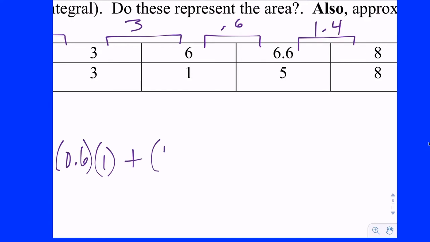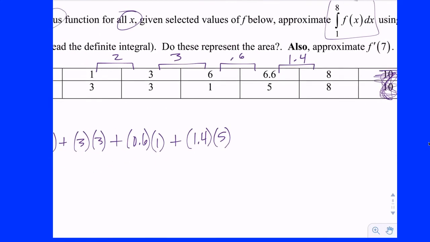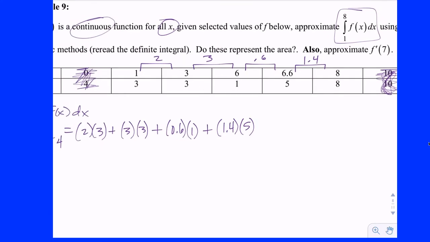Plus, the next width is 1.4 times the y value to its left, which is 5. So notice we're still using just 4 y values, and they are left justified. We're not using the last, but they're each associated with their own unique width, right?